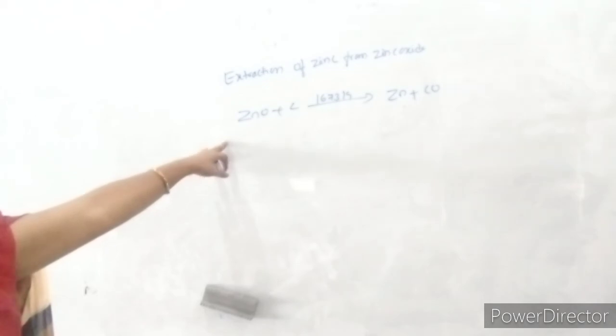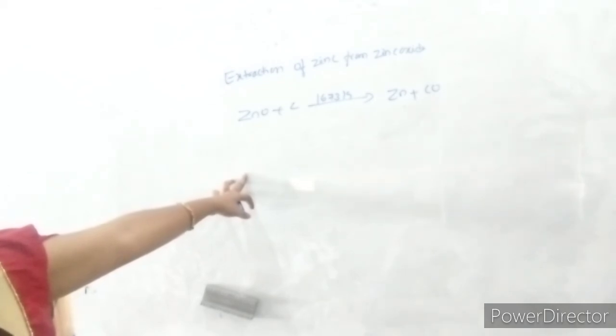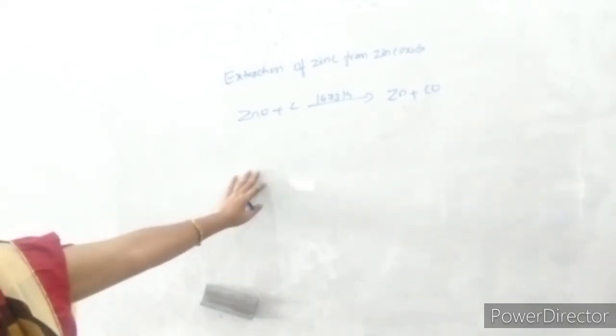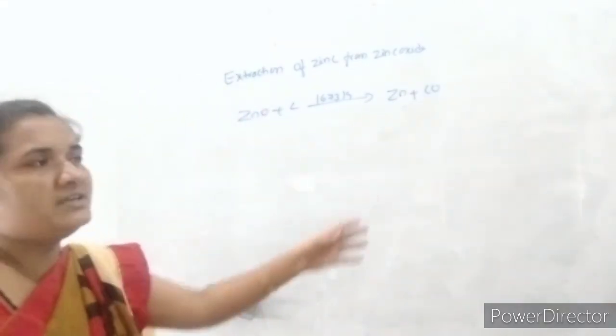Moreover, since the temperature is high, the oxide is made into briquettes with coke and clay. The metal is distilled off, and it should be collected by continuous chilling or cooling.